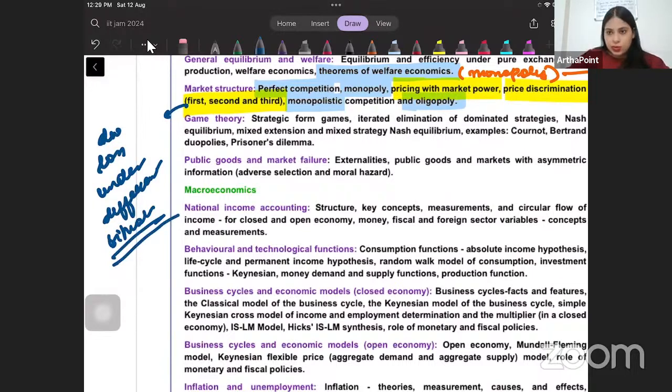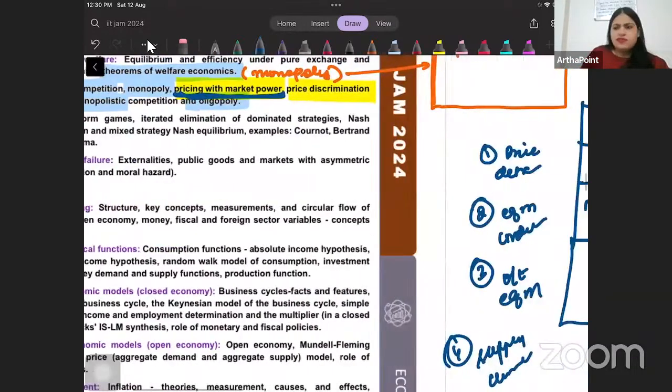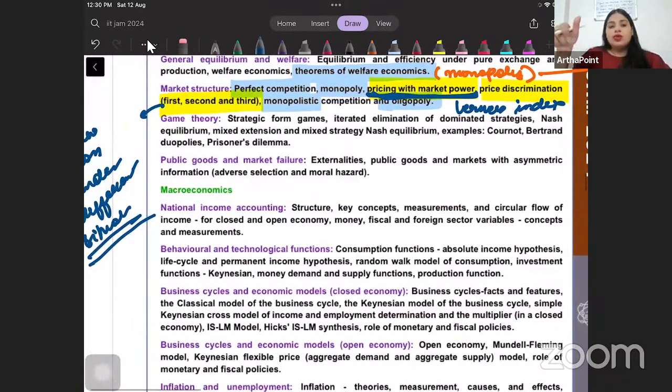Again beta, I will do it with you in class कि deadweight loss तीनों situations में क्या क्या होता है, ये जानना बहुत ही जरूरी है. When I say pricing with market power, Lerner's index use करना है, so you should know Lerner's index also. आगे चलते. Game theory.